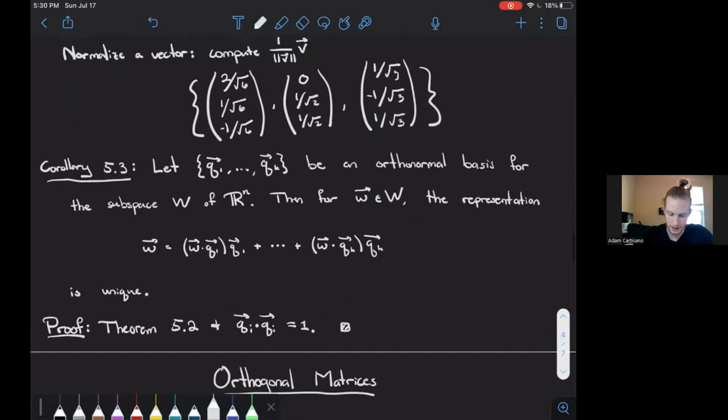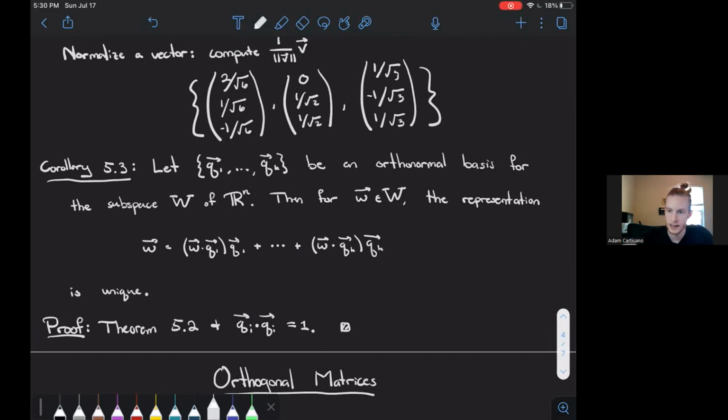So let q1 up through qk be an orthonormal basis for some subspace W. Then for every little w, the representation w dot q1 times q1, plus w dot q2 times q2, all the way up to w dot qk times qk, that representation is unique. Why?